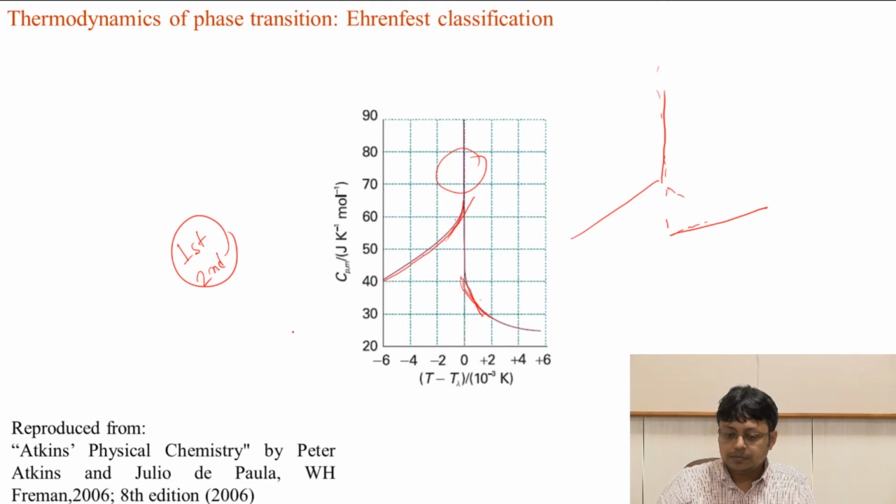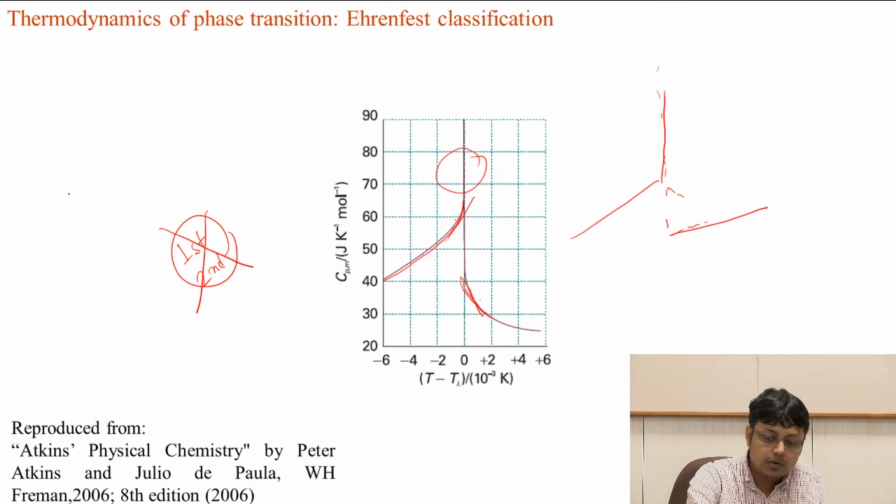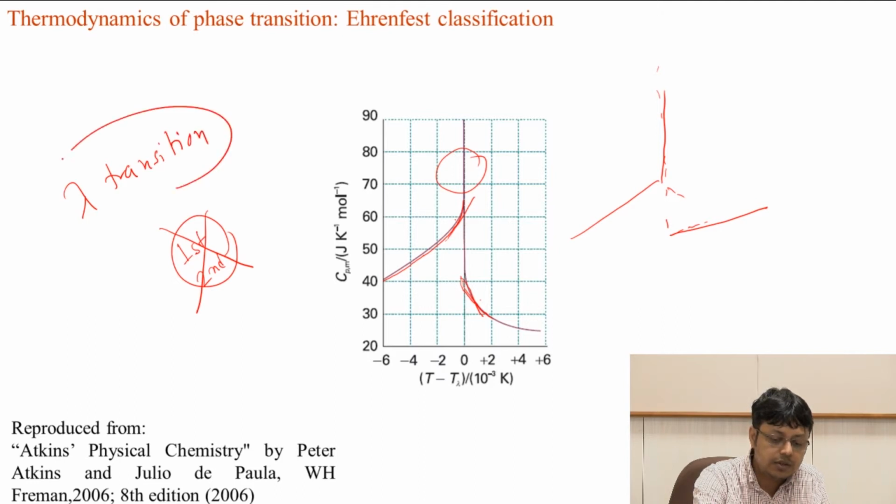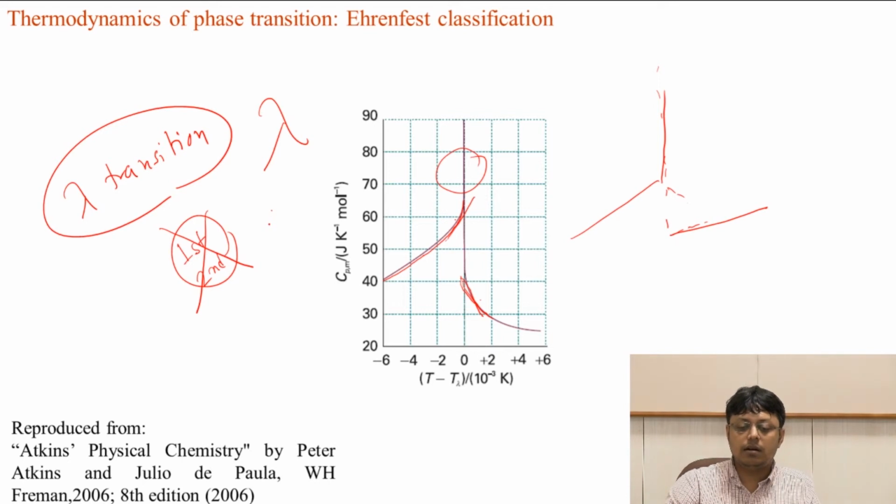The third example, which is neither first order nor second order, is mainly known as the Lambda transition. The name actually comes from the particular shape which we see here. It looks like the Greek letter lambda if you look at the curve, because it is doing a smooth transition and then something like that. That's why it is a lambda transition.